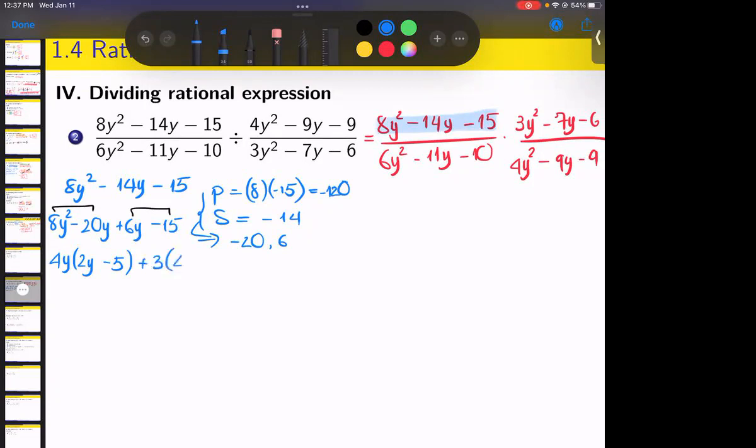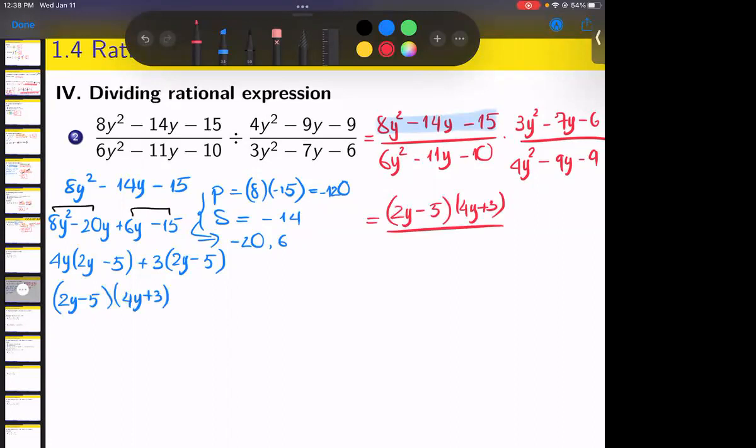What's left is 2y minus 5 again. So it's 2y minus 5 times 4y plus 3. All right, one down, 3 more to go.